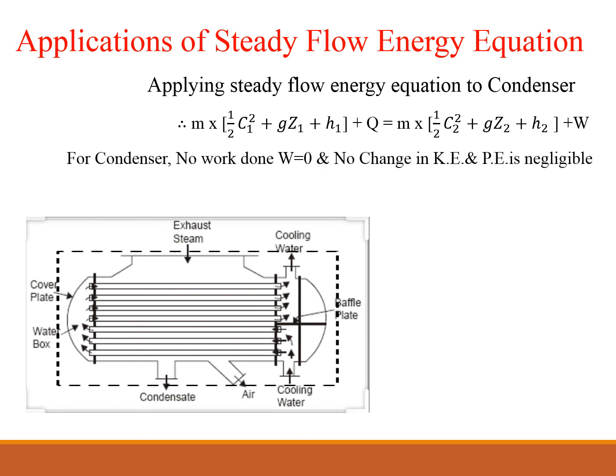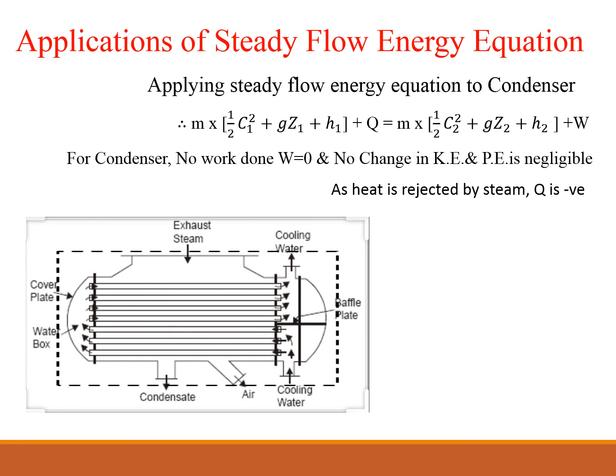For a condenser, no work is done, so W is equal to 0, there is no change in kinetic energy, and potential energy is negligible. As heat is rejected by the steam, Q is negative.